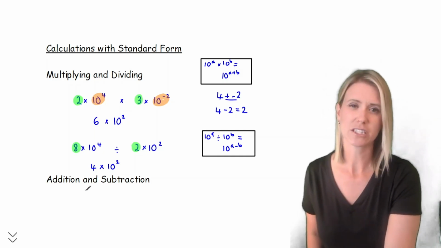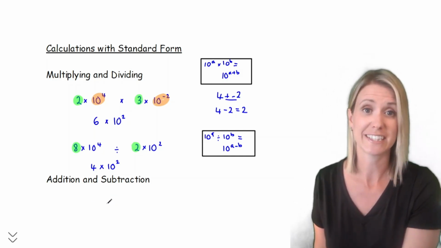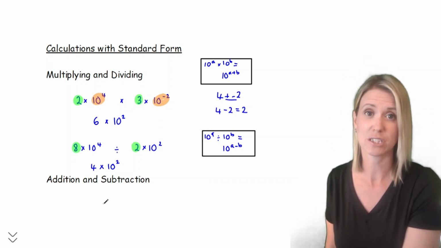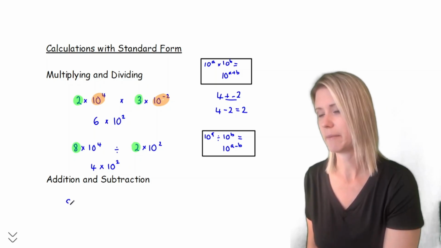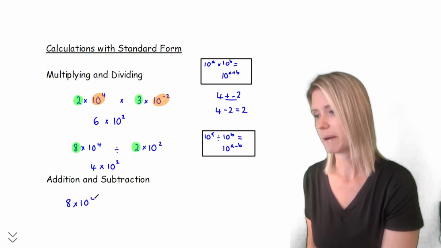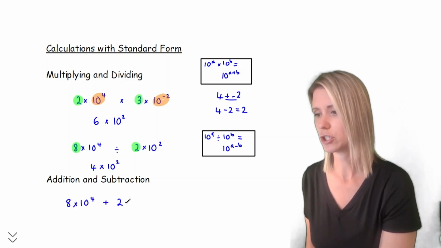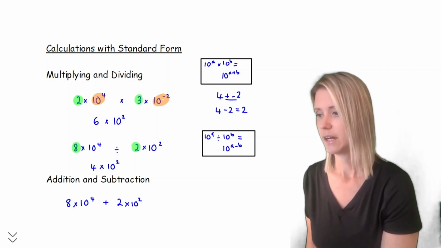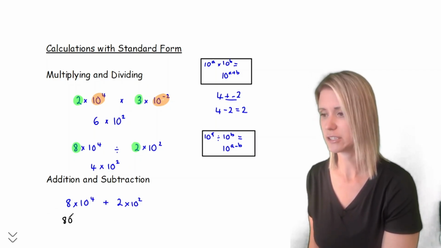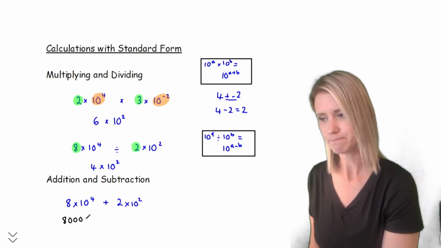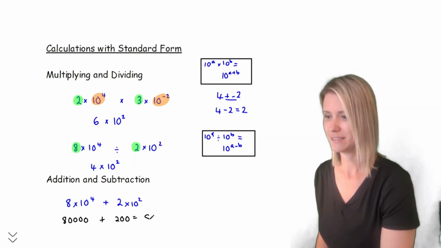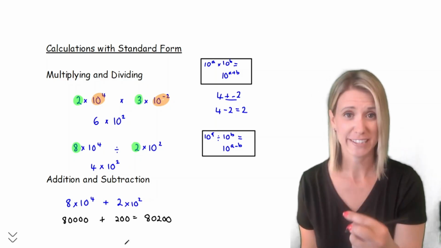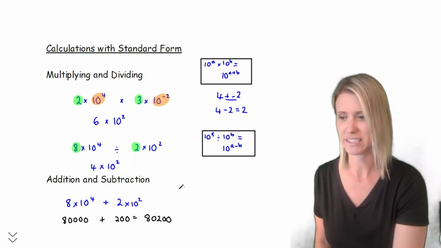Okay, when it comes to addition and subtraction, I highly recommend you convert them into ordinary numbers prior to doing that calculation. So if we had, for example, 8 multiplied by 10 to the power 4 added to 2 multiplied by 10 squared, I would completely convert those into ordinary form numbers first, before adding them together, and then converting them back into standard form if it wanted it in standard form.